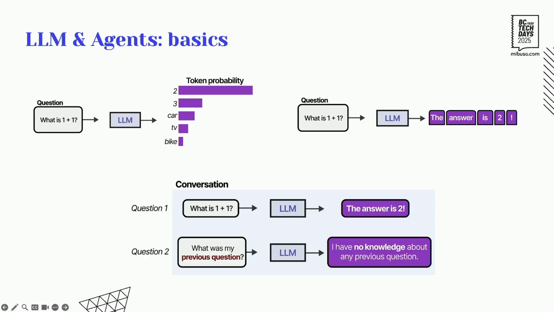LLMs also support conversations. You can send a first prompt, the LLM gives you an answer, and then, like in a chat, you can send another request, and sometimes the LLM responds that it has no knowledge of the previous question, simply because an LLM out of the box has no memory.